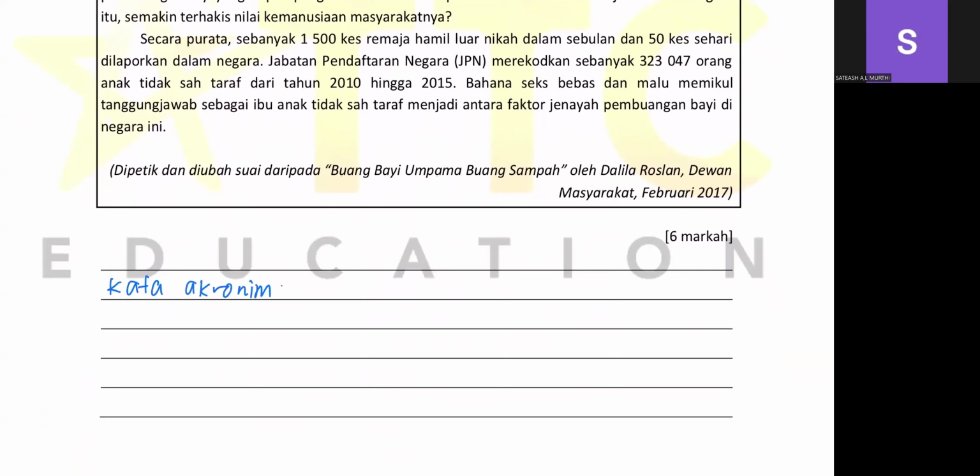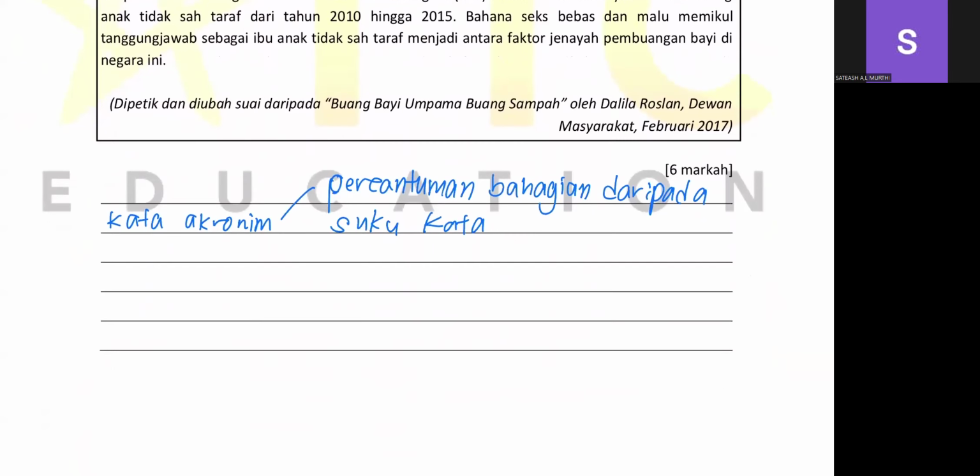Tinggi, okay. Kata acronym, I write the notes here, kata acronym. Kata acronym is percantuman bahagian daripada suku kata. For example, like cerpen, cerita pendek.